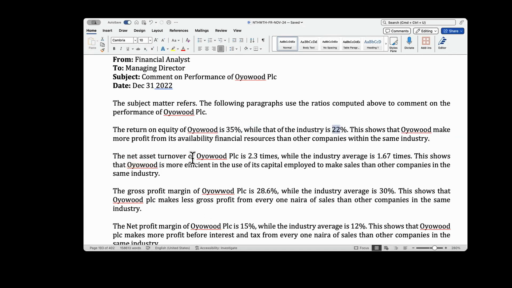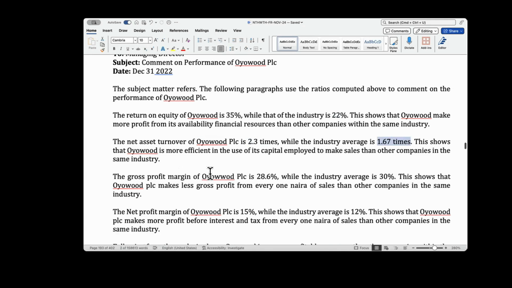I went to the net asset turnover of Oyo Wood. It's 2.3 times, while the industry is 1.67 times. This shows that Oyo Wood is more efficient in the use of its capital employed to make sales than other companies in the same industry. I went to the gross profit margin. Oyo Wood is 28.6%, industry is 30%.